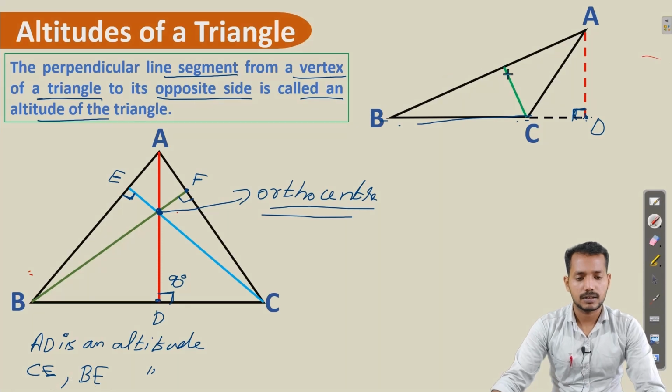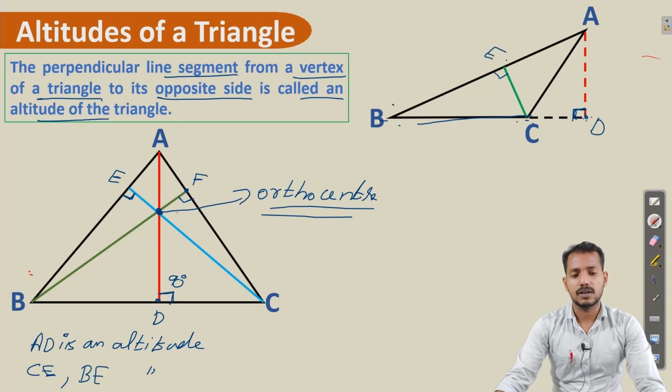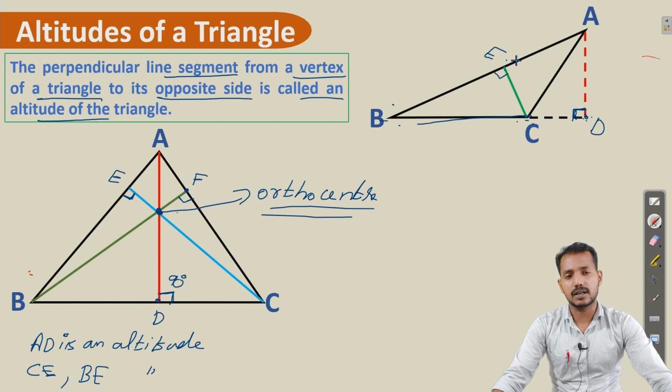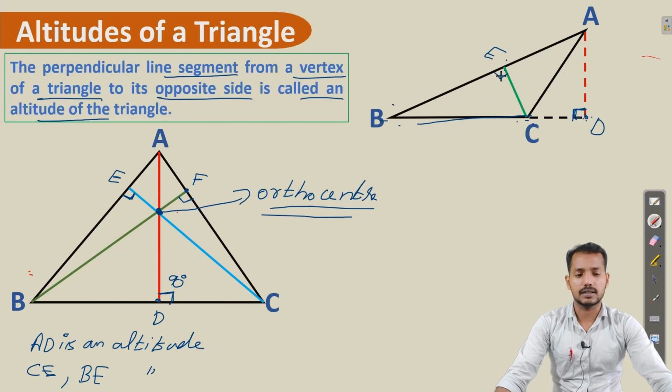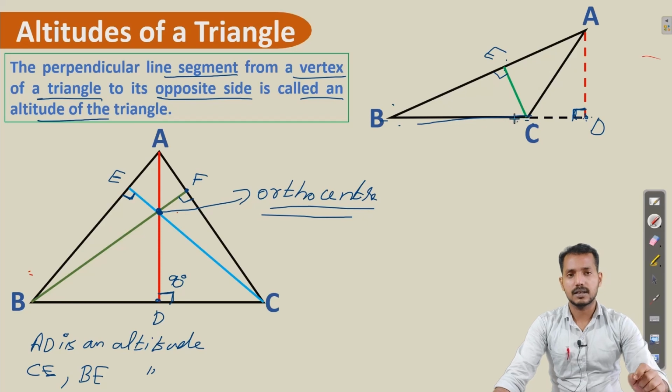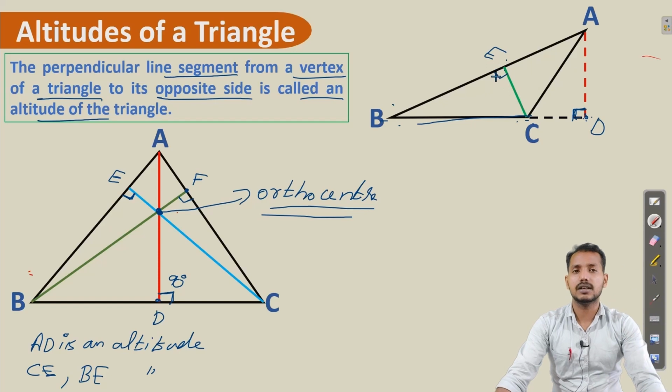We can give the point as E. So here CE is perpendicular to AB. So this altitude actually lies in the interior of the triangle. That means an altitude drawn from the vertex which forms the obtuse angle will be in the interior of the triangle.